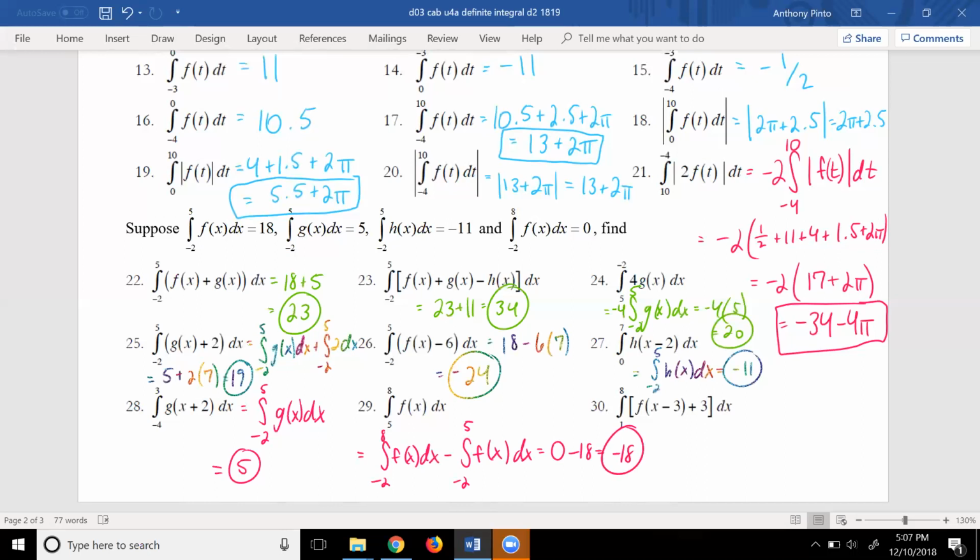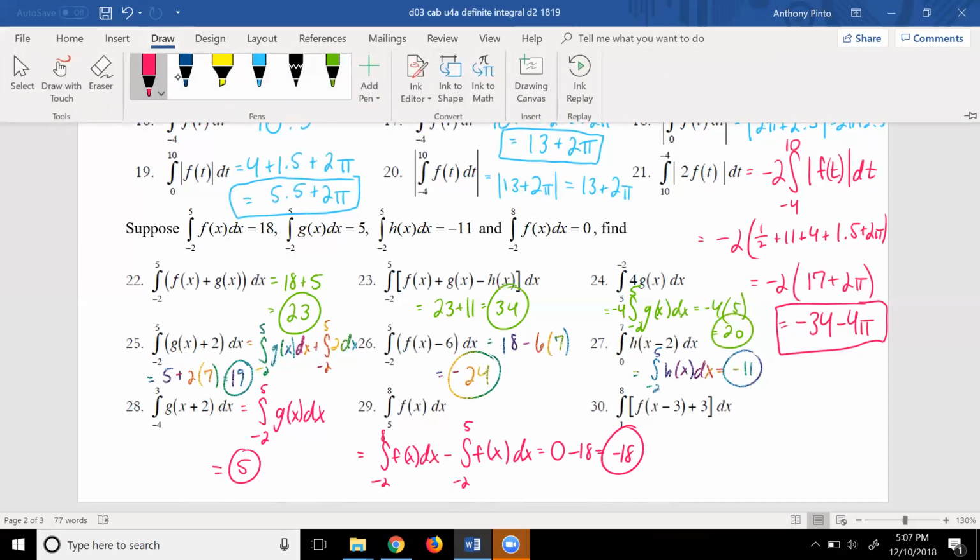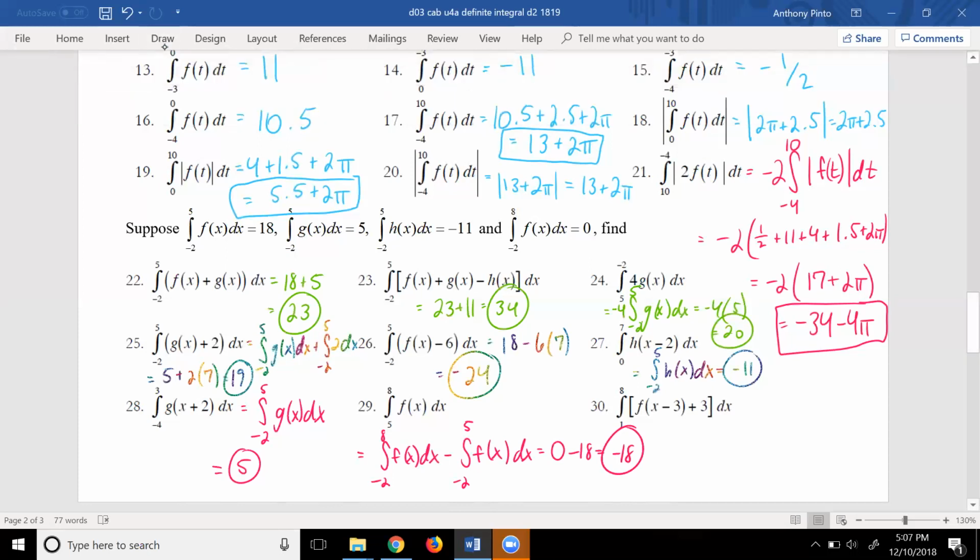And then last but not least, oh, I don't know if I left myself enough room. Well, let's change the color again just in case. All right, this is the integral from 1 to 8 of f of x minus 3 plus 3 dx.